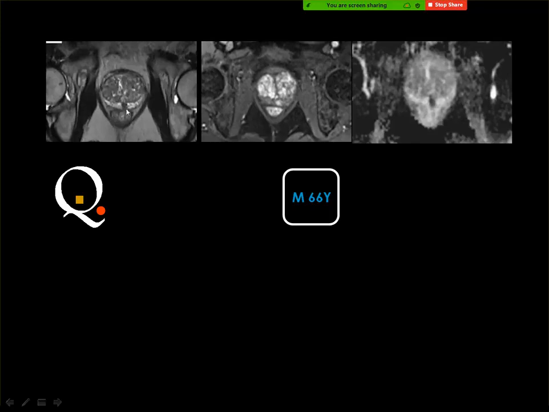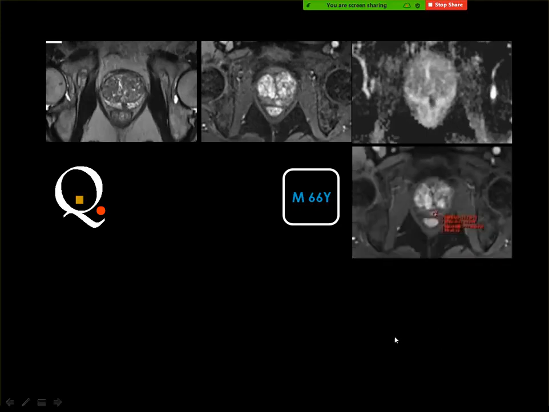But if you look carefully in the peripheral zone, you can see this low signal, very small lesion in the peripheral zone to the left of the midline, and this lesion shows diffusion restriction. It is of bright signal in the diffusion. See, there is enhancement in the post-contrast fat suppressed T1 weighted image, and you see in the ADC that the lesion is showing diffusion restriction, and this is compatible with prostatic cancer. And you know that many cases have prostatic hyperplasia, and they can develop prostatic cancer in the peripheral zone.